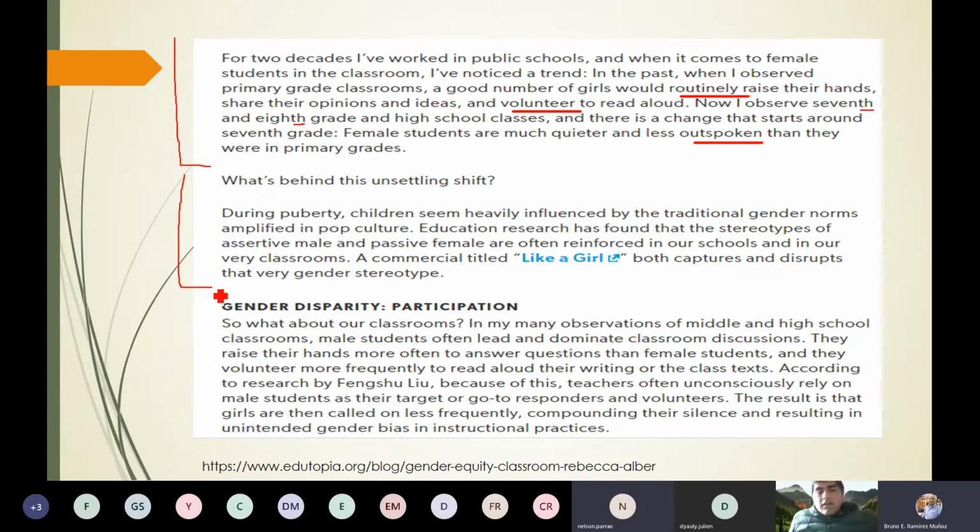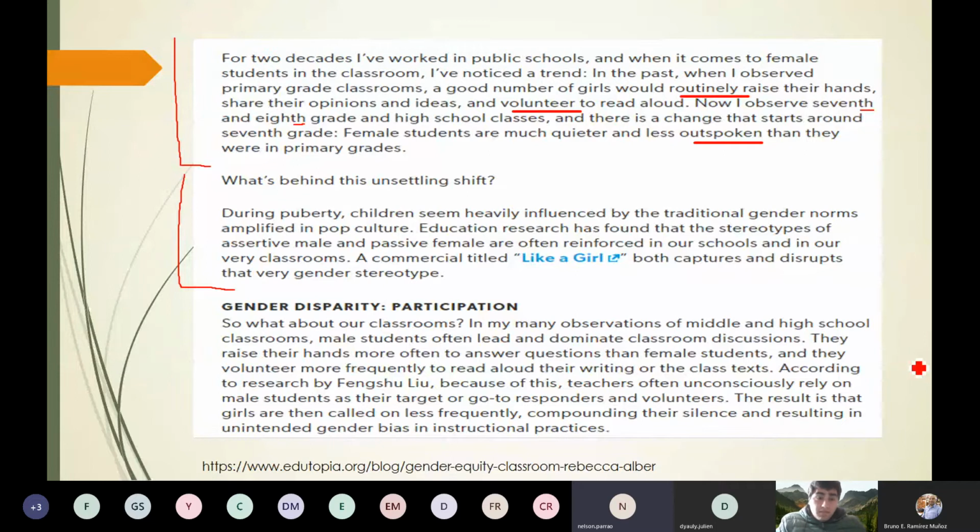What's behind this unsettling shift? During poverty, children seem heavily influenced by the traditional gender norms amplified in pop culture.